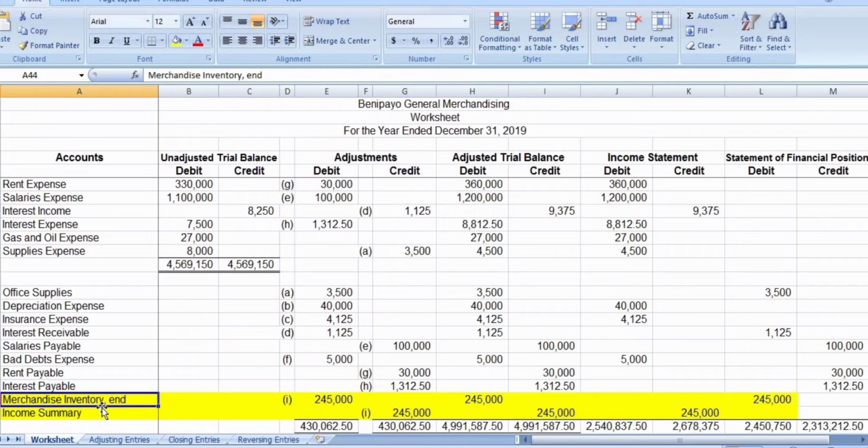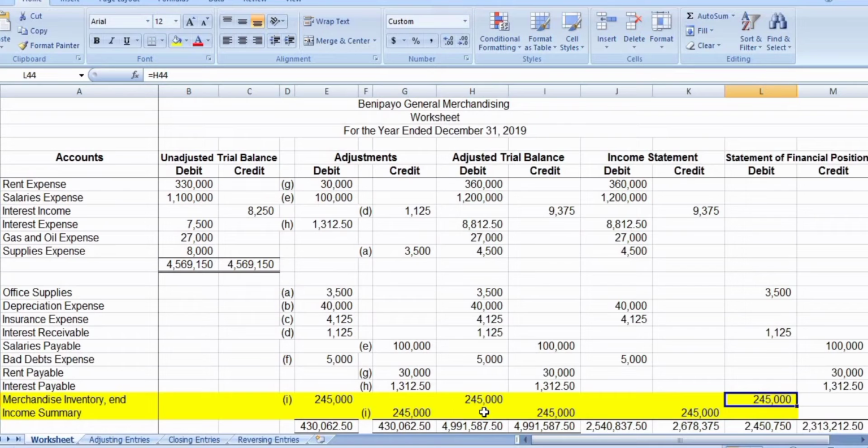Merchandise inventory end is an asset and therefore it is found in the statement of financial position and its normal balance is debit. That's why this merchandise inventory end here amounting to 245,000 must be forwarded to the statement of financial position debit column. How about the merchandise inventory end in the income statement?